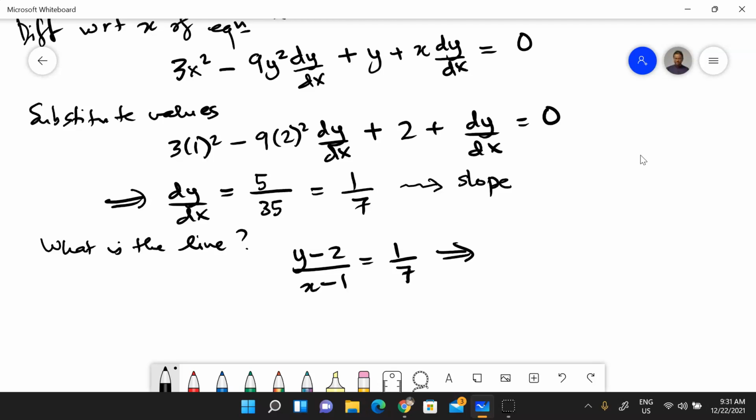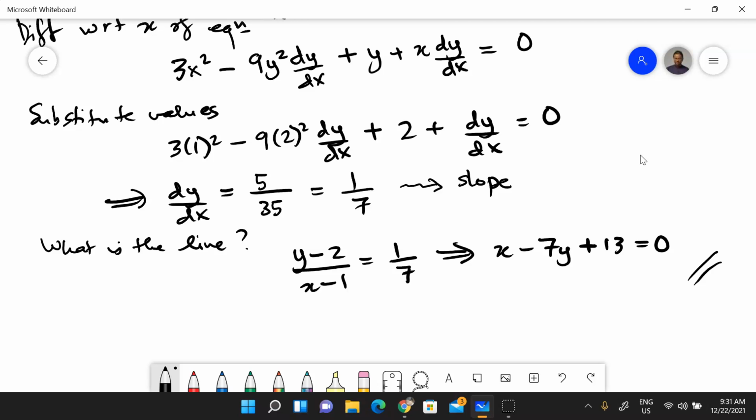Okay, so in other words, what do you get? Essentially, I think, yeah, so you simplify this, you should get x minus 7y plus 13 equals 0. Okay, so that will be the equation of the tangent line. Okay, so that is again pretty simple for us to do.